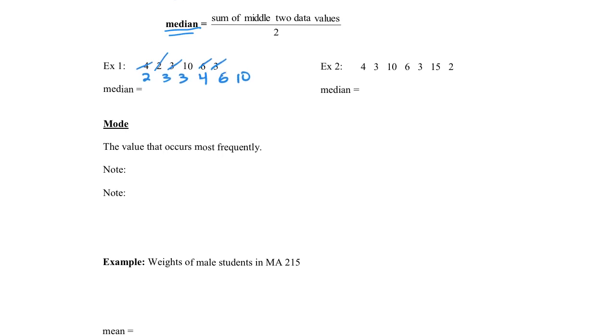And now just looking, we have 1, 2, 3, 4, 5, 6 values. So there's 2 in the middle, right? There's not 1 in the middle. So take a look at these 2 in the middle. So I have to add those up and divide by 2. So you add those up, divide by 2, and you get a couple of possible answers.